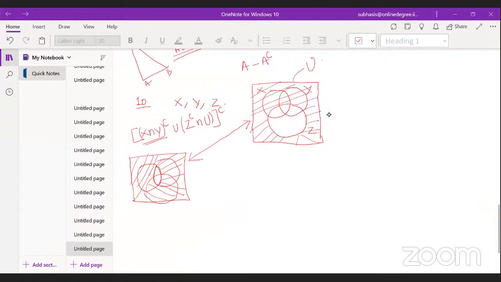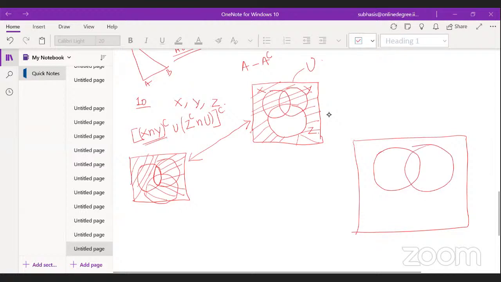Z union X intersection Y. Oh, sorry, Z only. So we will see the regions which are either in this set or in this set, right?